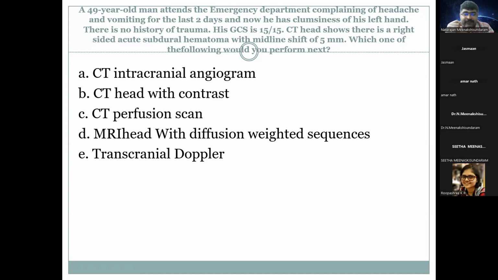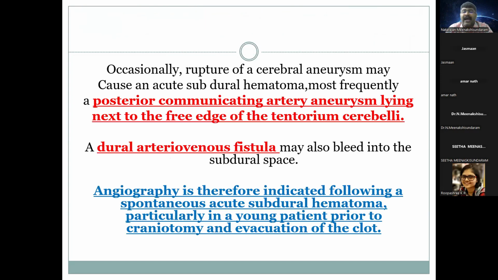The other common cause of spontaneous acute SDH is an AVM, and dural AV fistulas. So remember the posterior communicating artery aneurysmal rupture, the dural AV fistulas, and sometimes the AVMs.